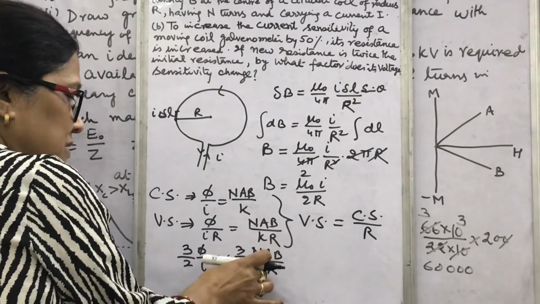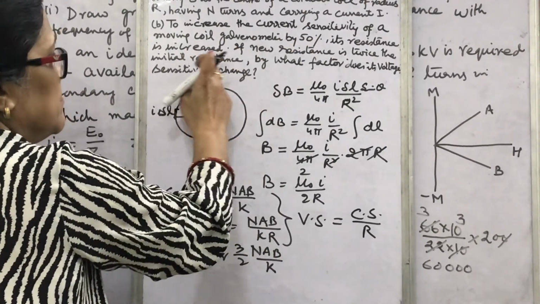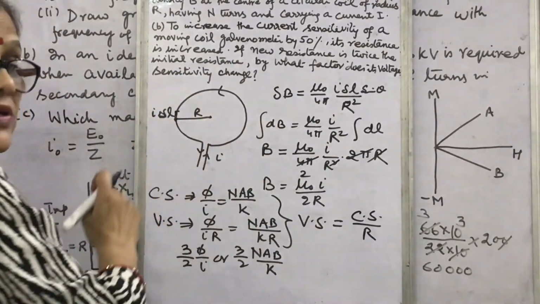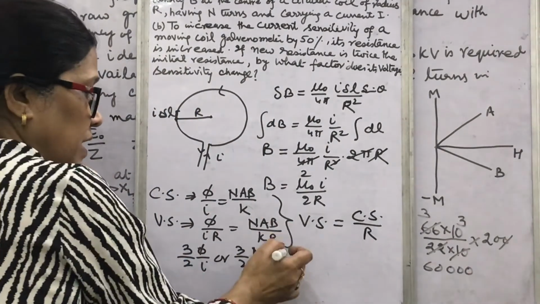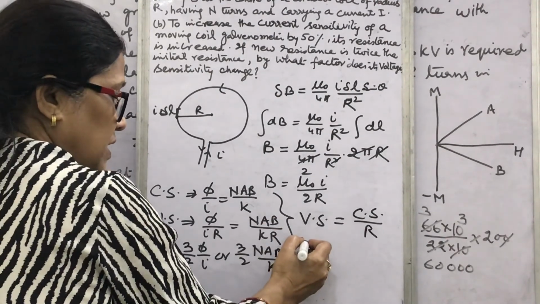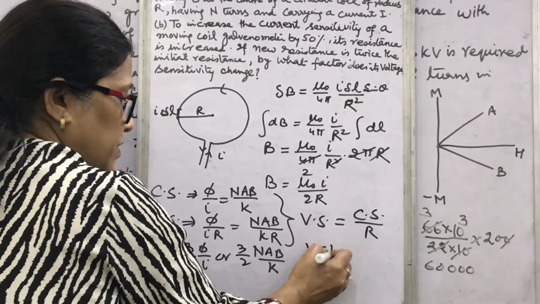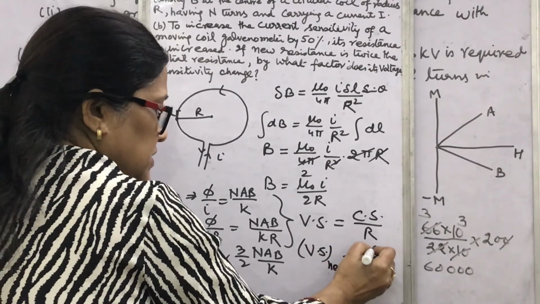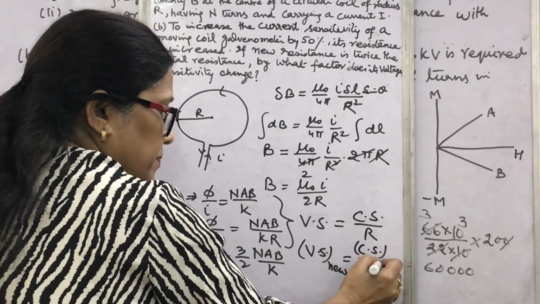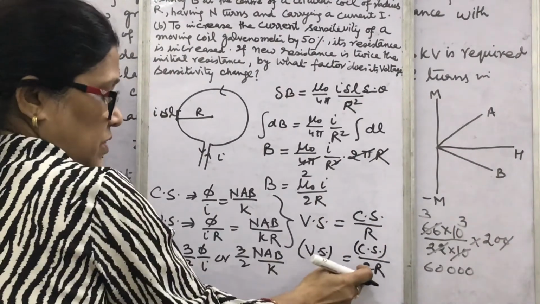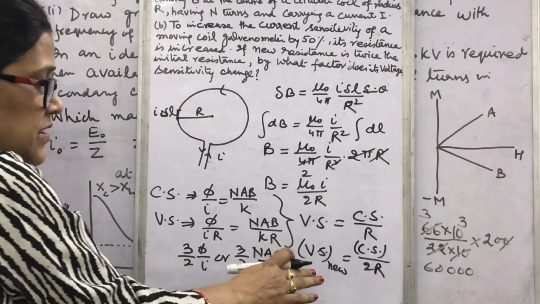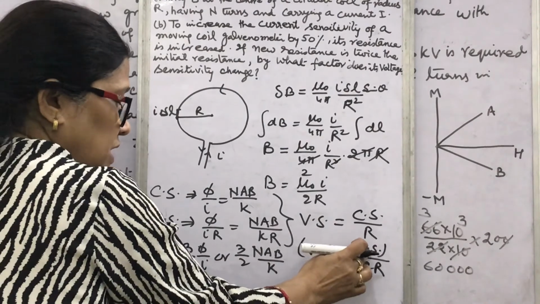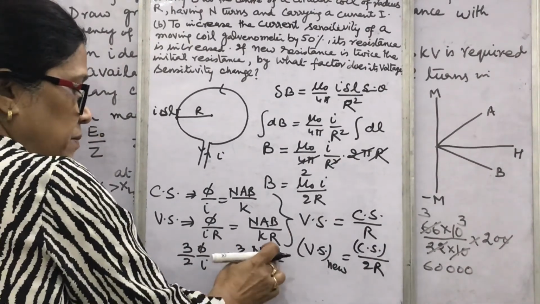For making this change, the resistance is to be made twice. Then find the voltage sensitivity. The new voltage sensitivity will be the new current sensitivity upon 2R, because resistance is made twice. And this new current sensitivity is 3 by 2 NAB upon K.